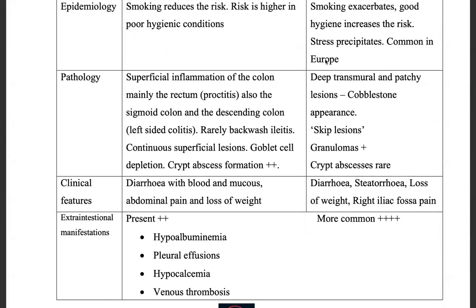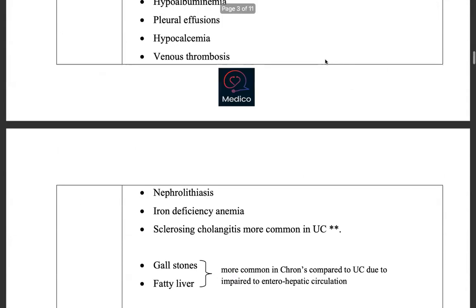Extraintestinal manifestations are much more common in Crohn's disease compared to ulcerative colitis. The extraintestinal manifestations present in both are hypoalbuminemia, pleural effusions, hypocalcemia, venous thrombosis, nephrolithiasis, which means kidney stone formation, and iron deficiency anemia, usually normochromic normocytic anemia or iron deficiency anemia of chronic disease.